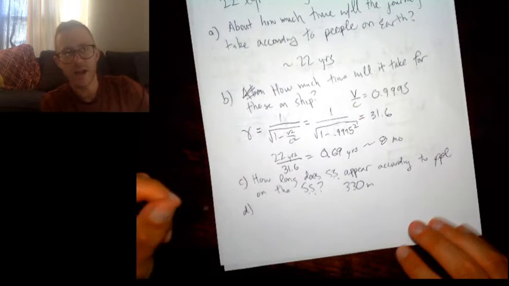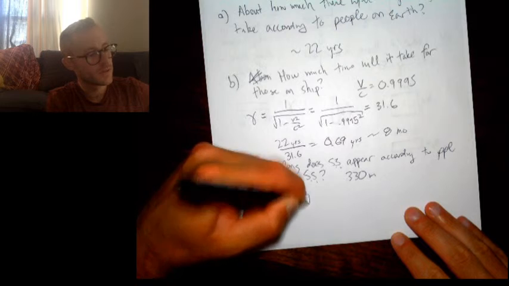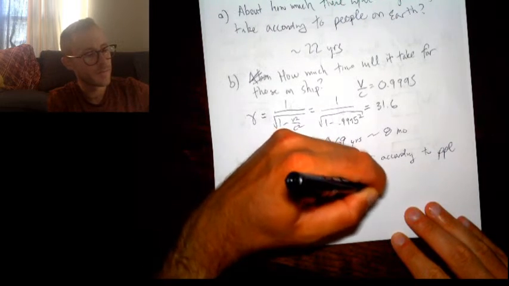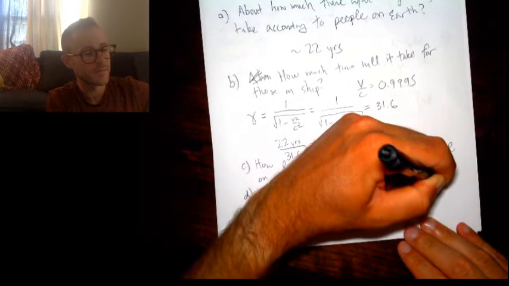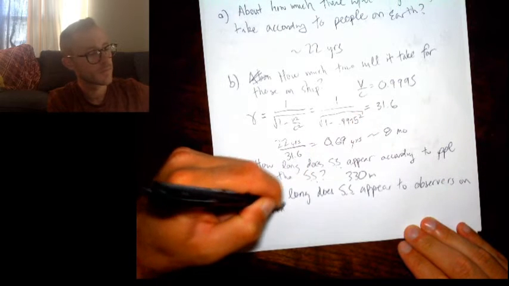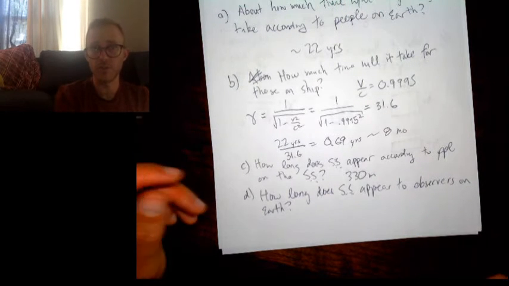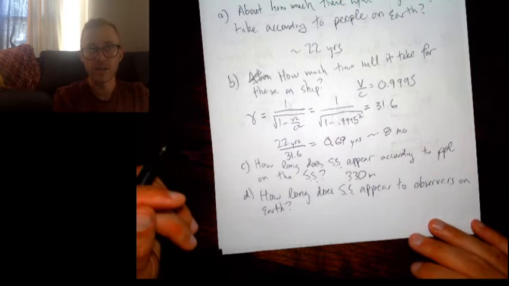But what if we asked, how long does the spaceship appear to observers on Earth? In that case, because the spaceship is moving, it would appear Lorentz contracted.